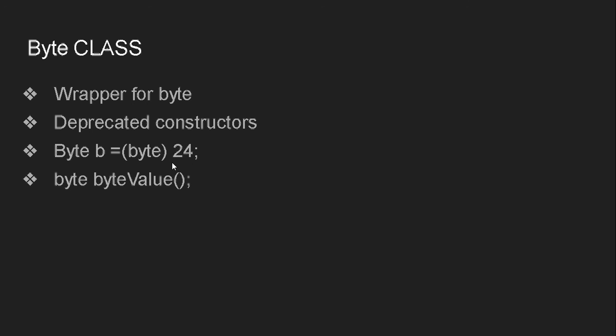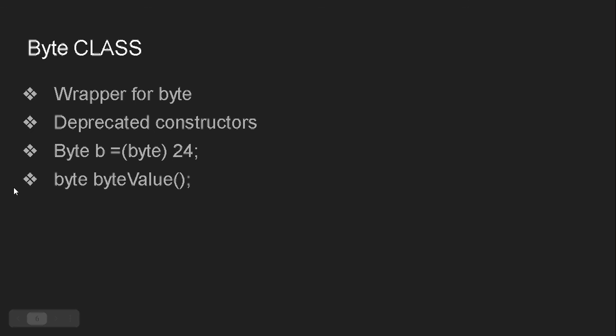The reason is that this 24 is an integer, so you cannot convert an integer to java.lang.Byte directly. You need to first convert this to a byte. That is how the Java programming language works. I will show you all those things when I use the IDE, so don't worry about that right now.